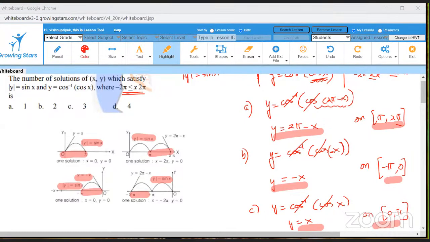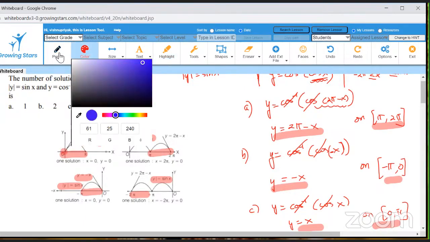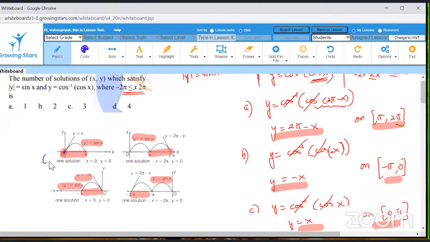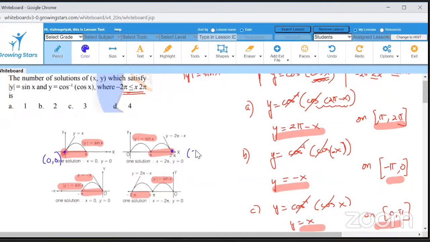So plotting graphs is very important. You can see there are 3 solutions. In this diagram, the solution where both the lines intersect is 0, 0. Here the line and the curve intersect at 2 pi, 0.